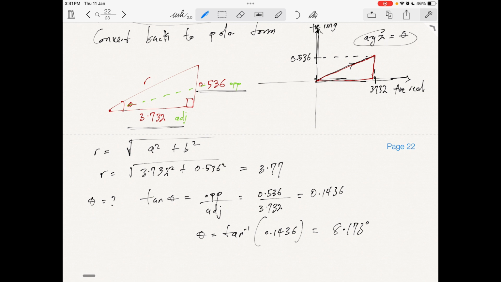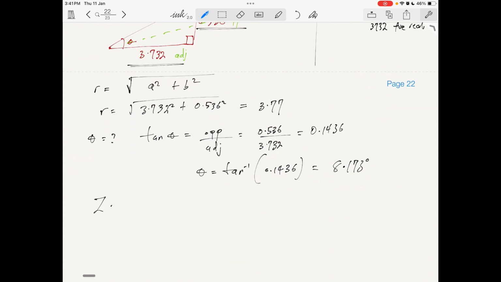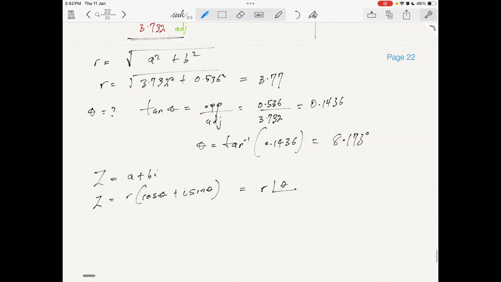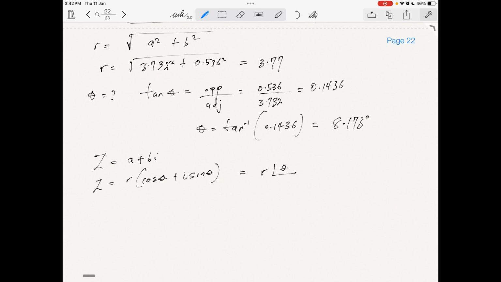We recall that if z is equal to a plus bi, z can also be written as r into cos theta plus i sin theta, which can also be written as r argument theta, where theta here is equal to argument of z. So in short, we can now write our final answer.